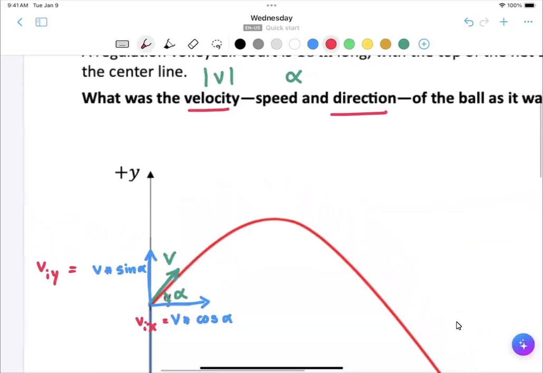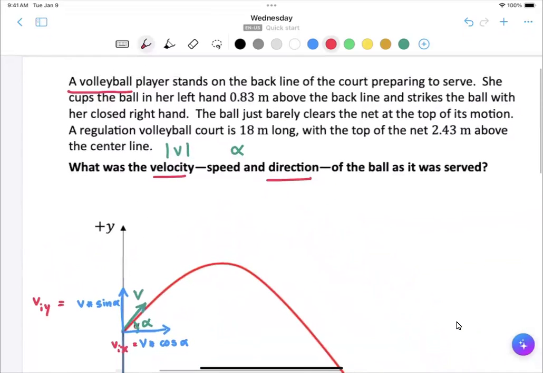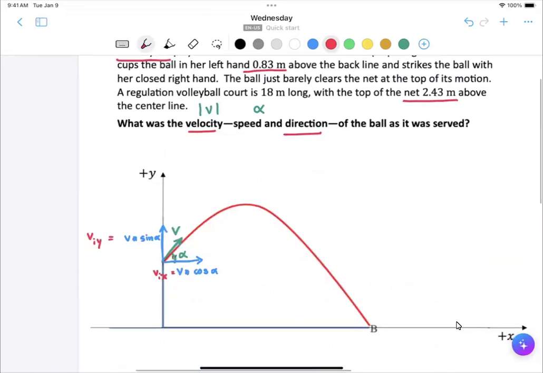And also, the problem text has some more information. It says it is going to leave the hand at 0.83 meters and it is going to hit the maximum height, that is at 2.43 meters. There we go. That gives us initial y information. Right here, when it starts, y initial is 0.83 meters.